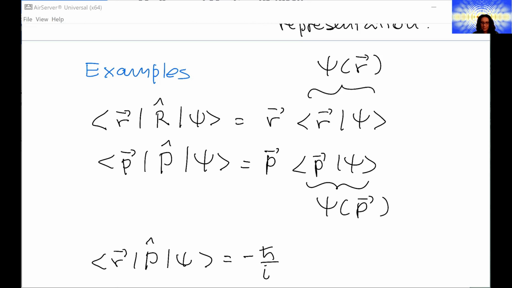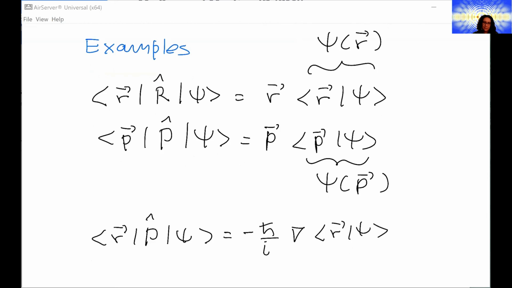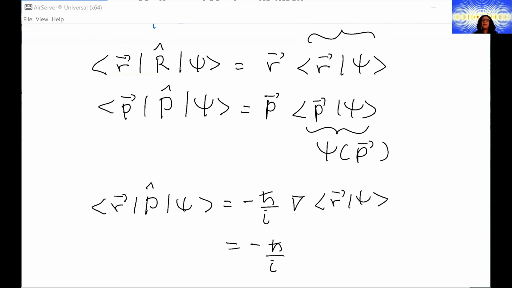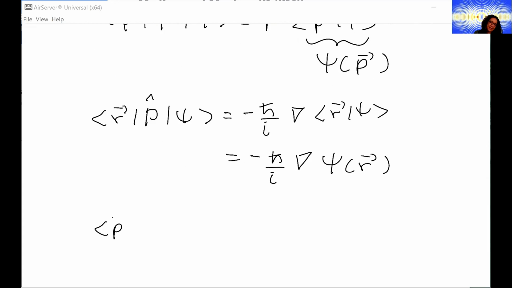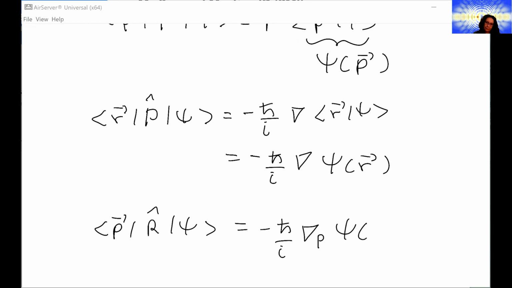You're going to find something like that, where I'm pretty much saying that this is minus h bar over i nabla psi R. And similarly, I can also show this.